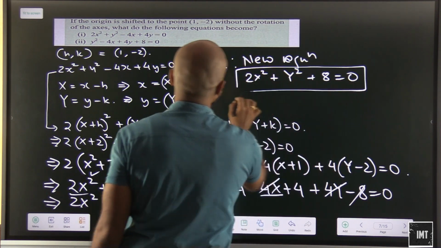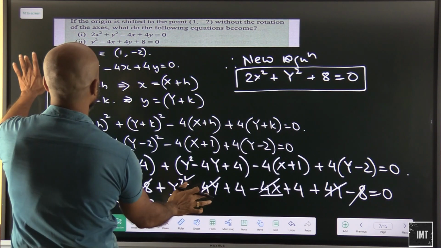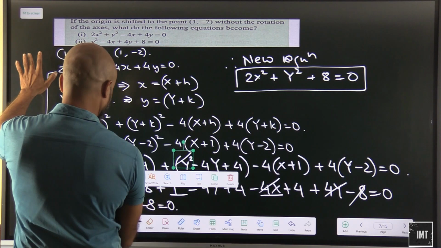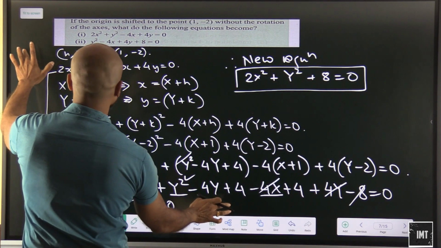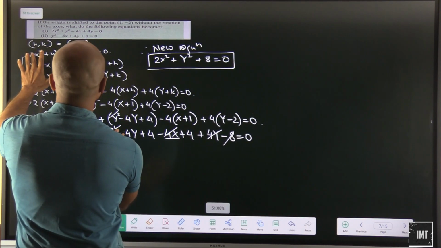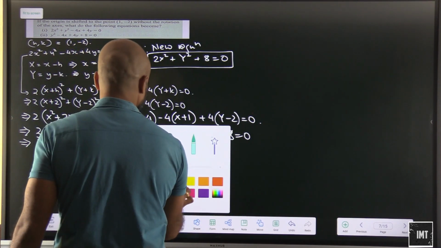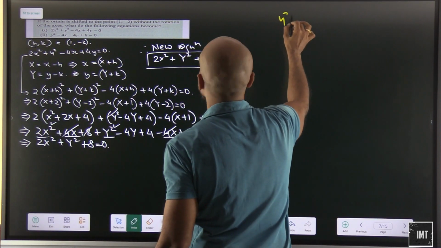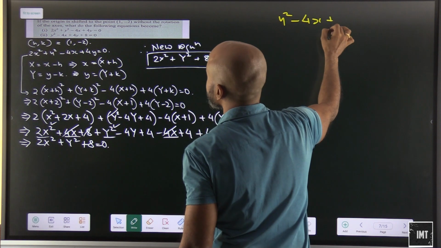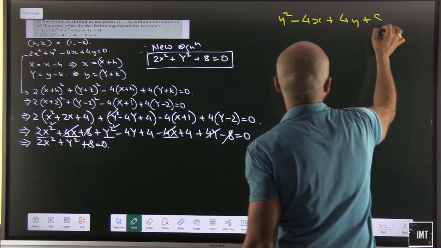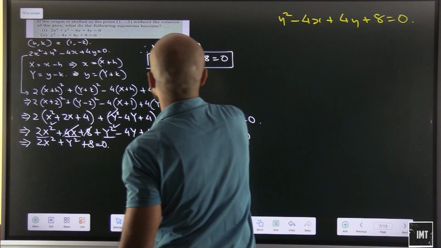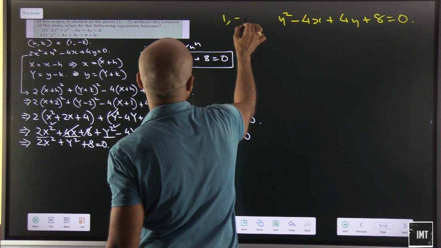The similar concept needs to be applied to the second equation as well. So let's take the second equation here, which is y square minus 4x plus 4y plus 8 is equal to 0. Again the point has been shifted to (1, minus 2).